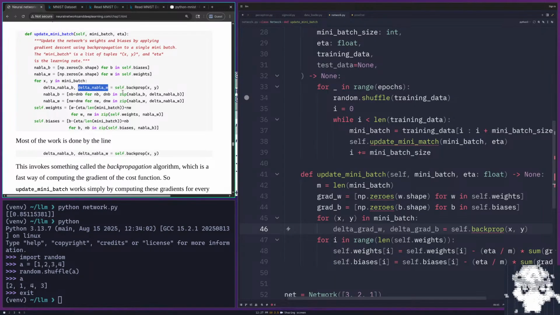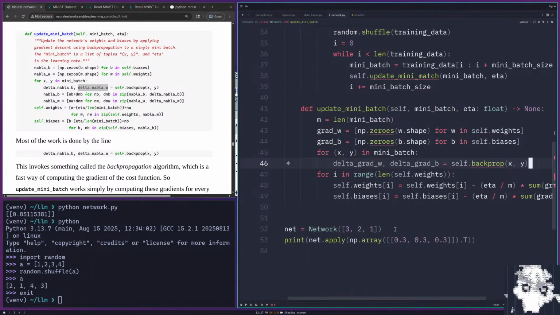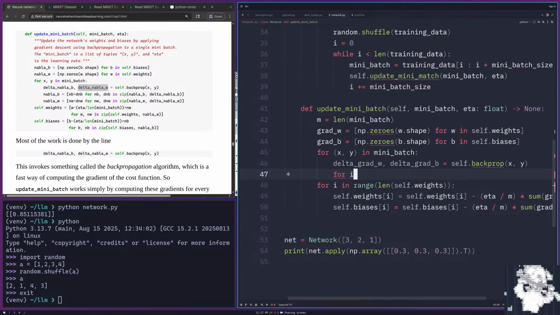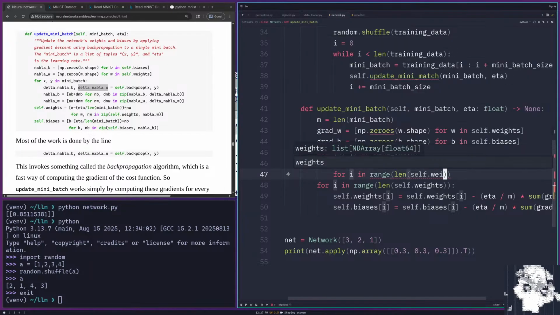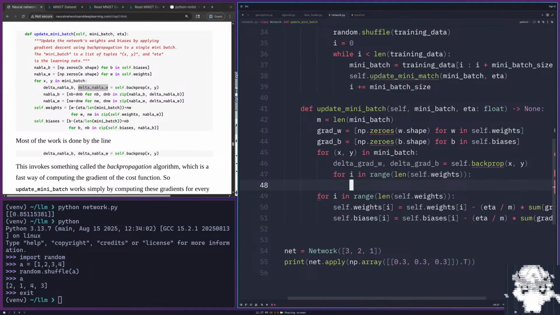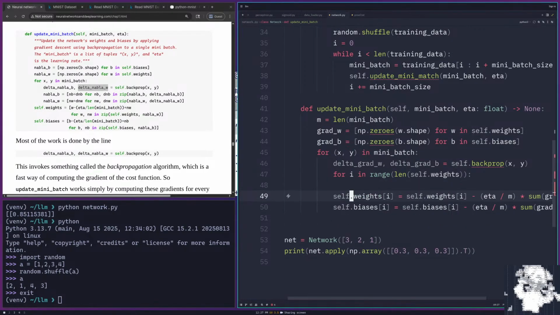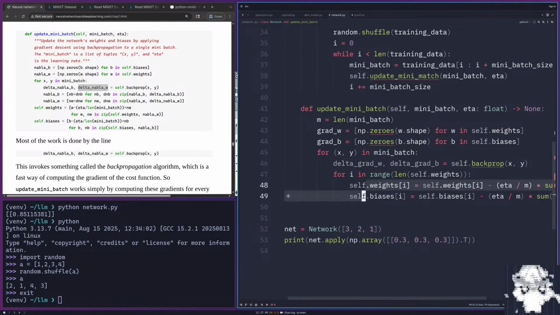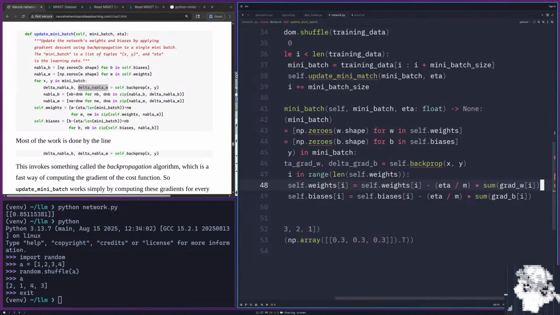So I don't know why they're doing this zipping stuff. I guess I do know why they're doing the zipping stuff, but I'm not going to. I'm going to do for i in range len of self.weights. Actually, I already did this, and I already called it the right stuff.